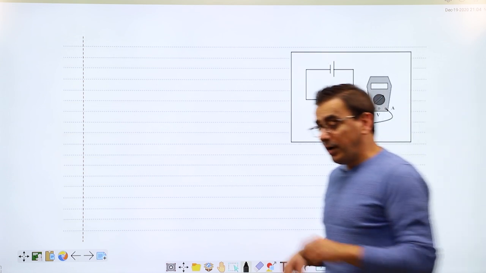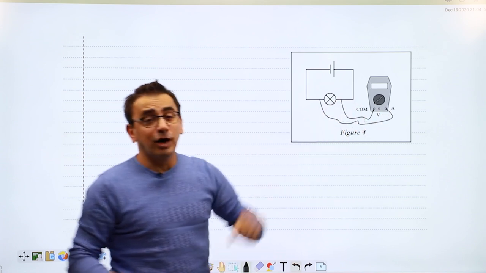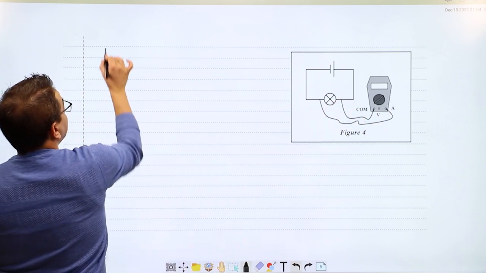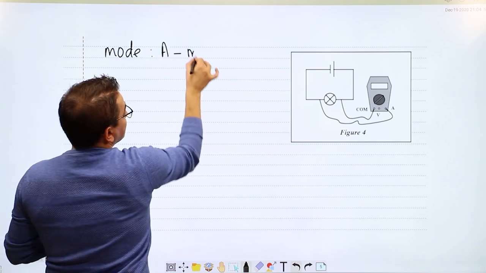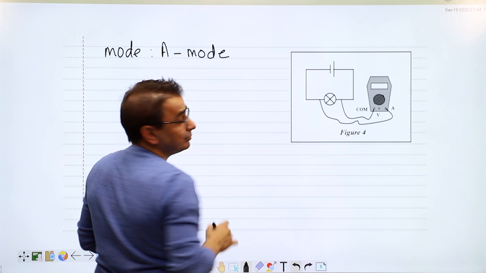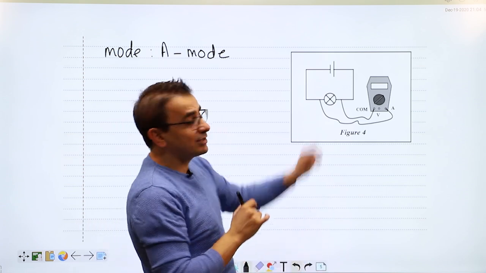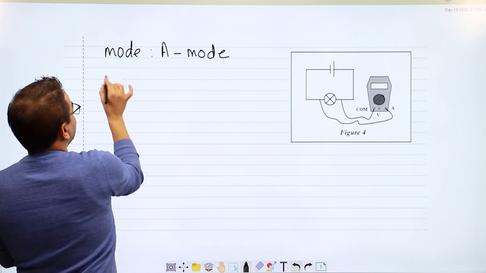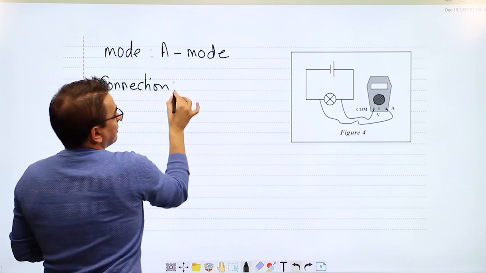Fourth part. Again, the multimeter, but we are using now the A and the COM. So, mode A, simply using A and COM, right? So it's functioning as an ammeter. Ammeters should be connected in series. Here, how is it connected? So the connection is parallel.